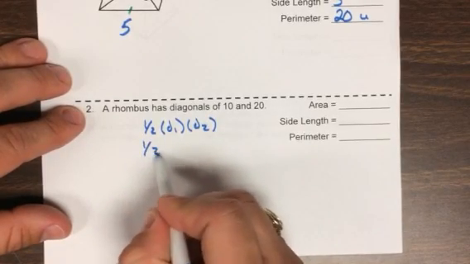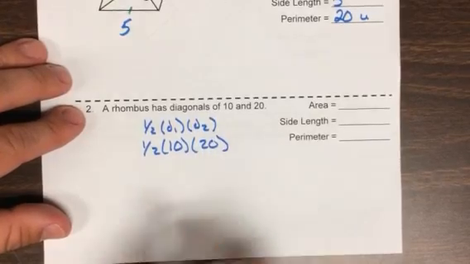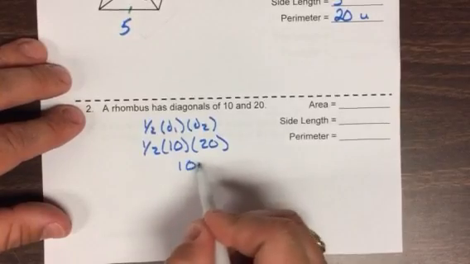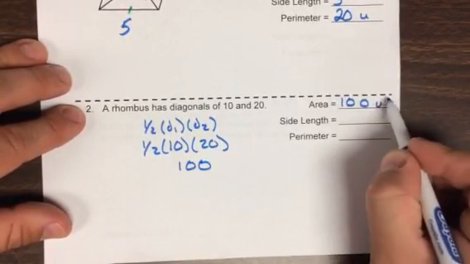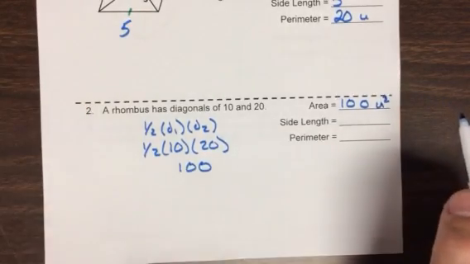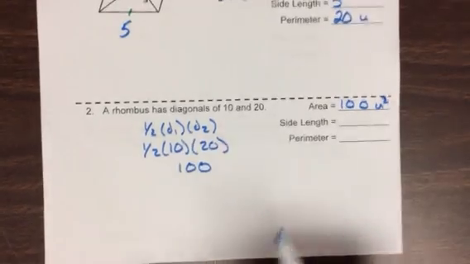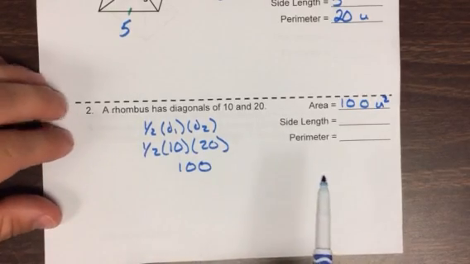Well, 1/2 times 10 times 20. Half of 10 is 5. 5 times 20 is 100. So my area must be 100 units squared. Notice they're squared because we talk about area in square units. We're talking about the squares that you could fit inside of your shape to fill it in.